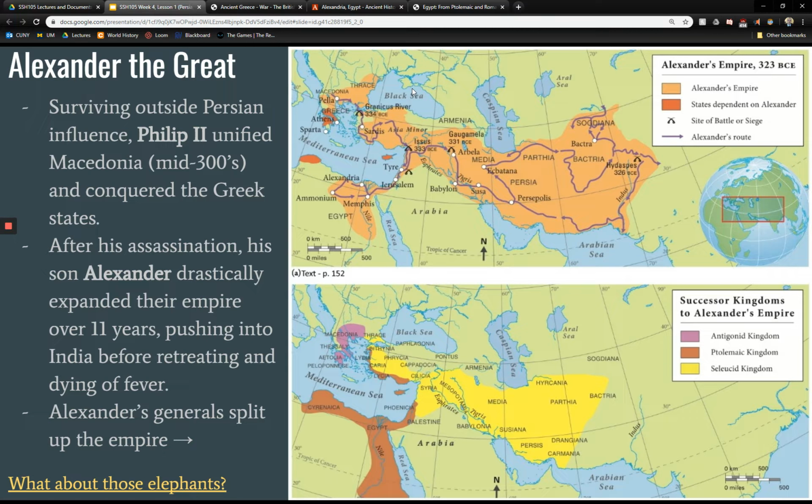He's the father of Alexander the Great, who is able to both unify the almost tribalistic peoples of Macedonia and later conquer all of the Greek states in the mid-300s BCE. So Greece becomes unified, although it was already unified in culture and somewhat unified against the Persians. It becomes much more unified just before Alexander's conquest.